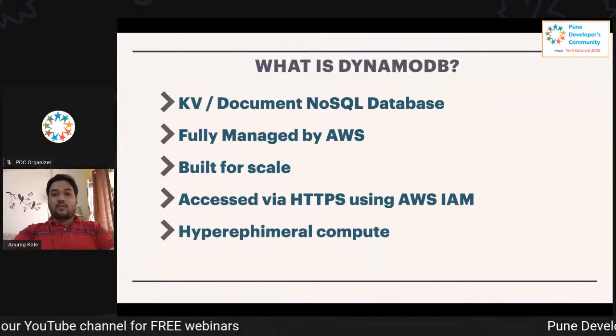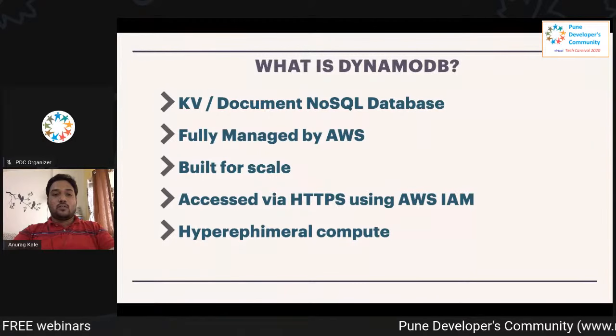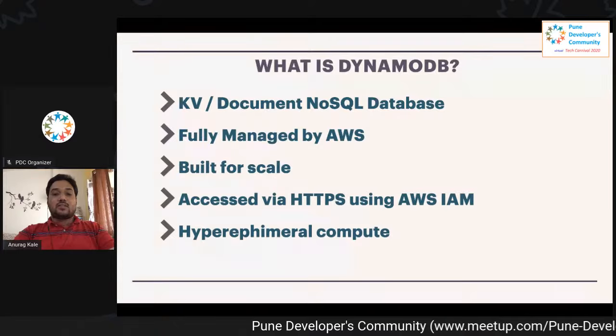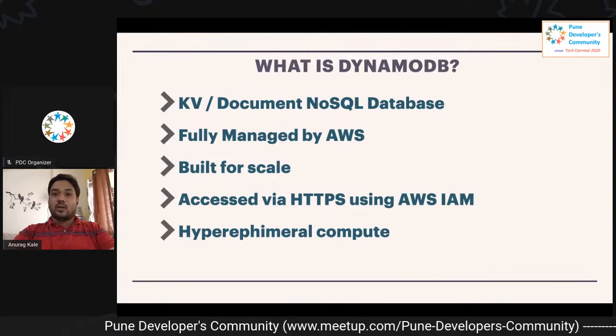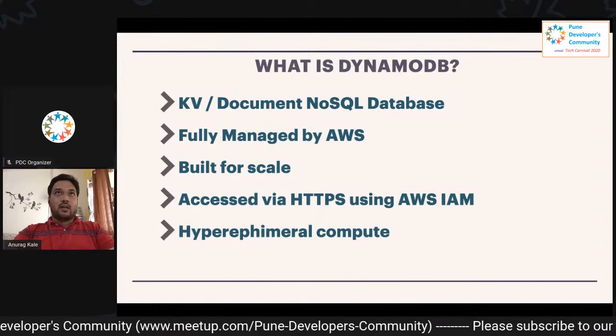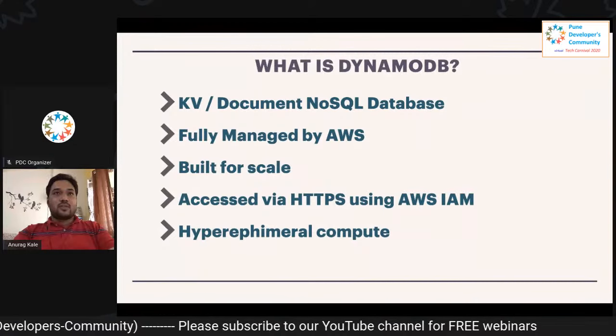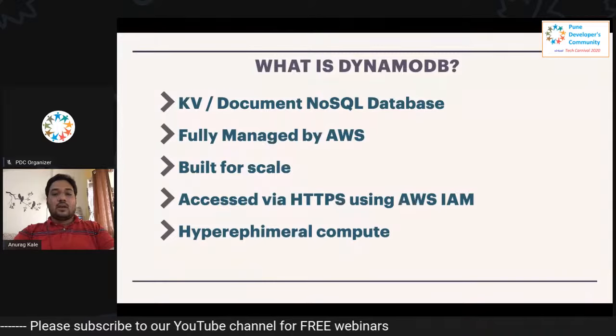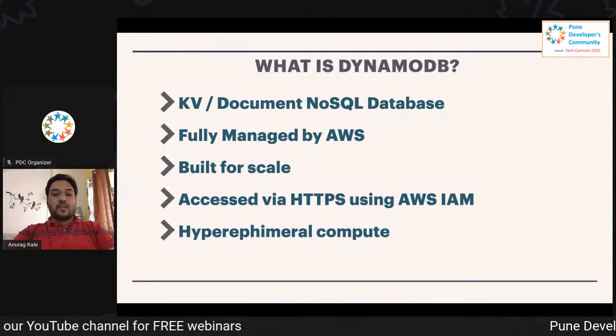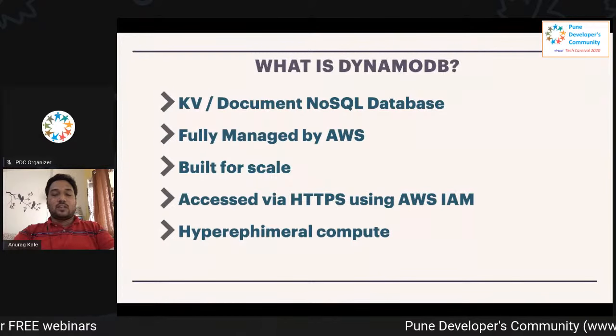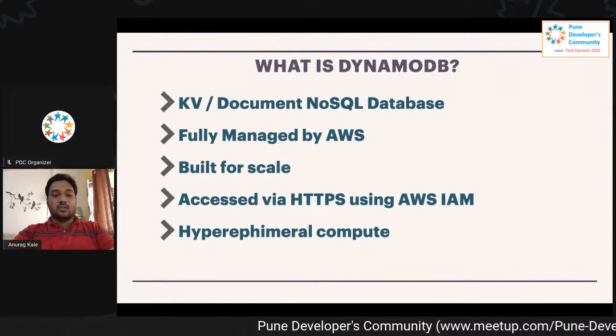The access pattern of DynamoDB is a little different. DynamoDB is accessed via HTTPS, and the authentication happens via IAM. Relational databases generally work through persistent TCP connections, but here it's all HTTPS API-based access.